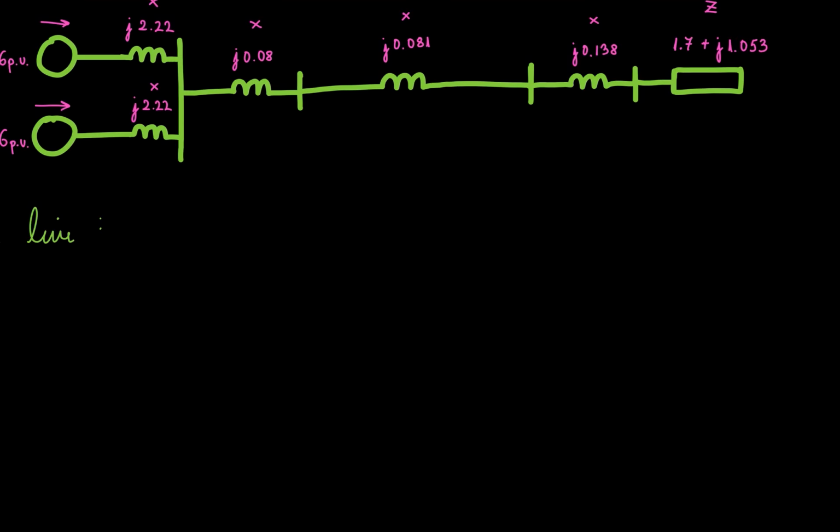We can find the reactance, which is what we're trying to find, in per unit, the new one, by the actual reactance we have, times by the base, divided by the voltage base squared.